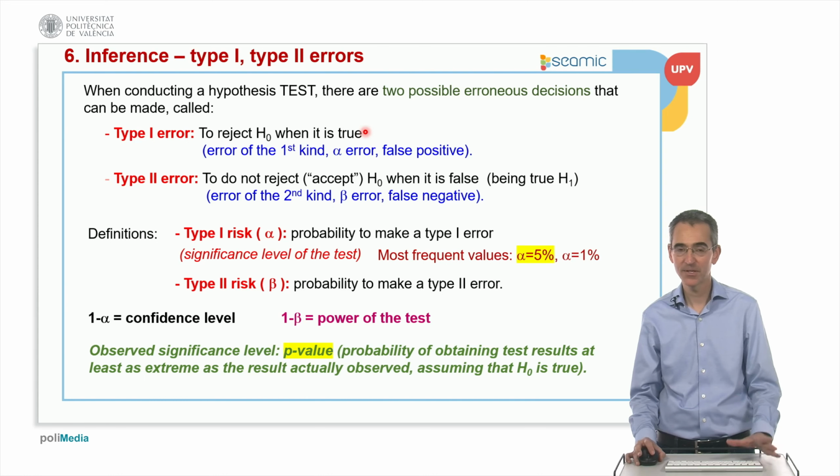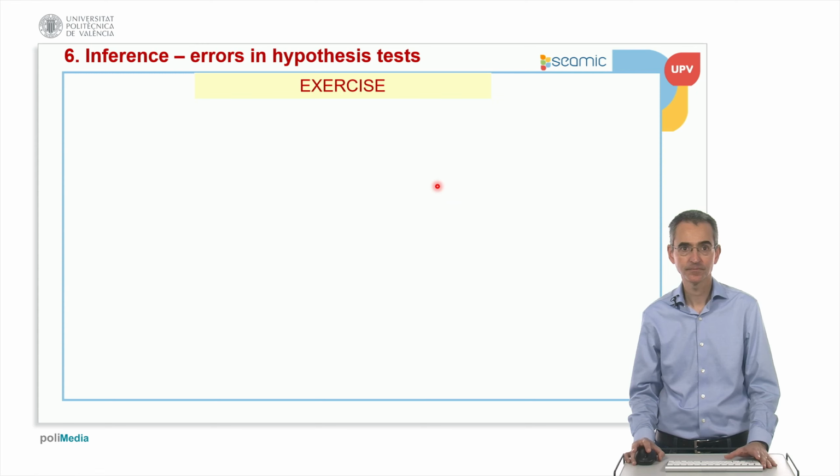Or beta: the probability to make a type 2 error, which implies to not reject the null hypothesis when it is false. These are the most important definitions that you should remember, you should learn.